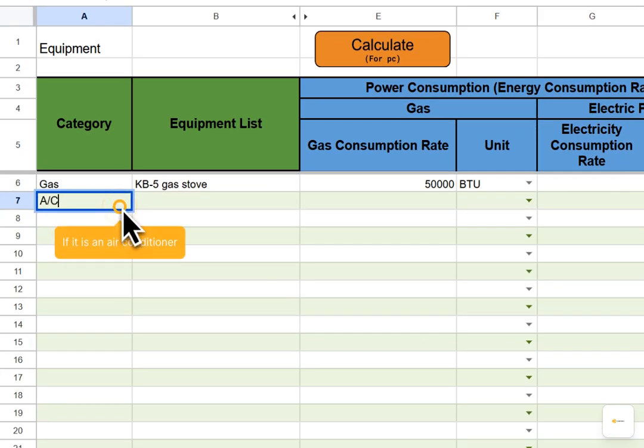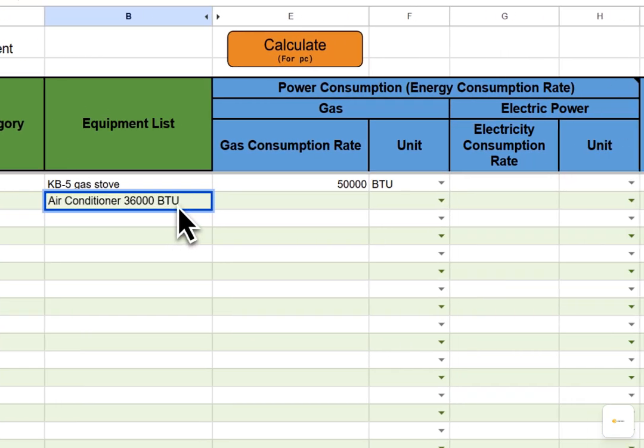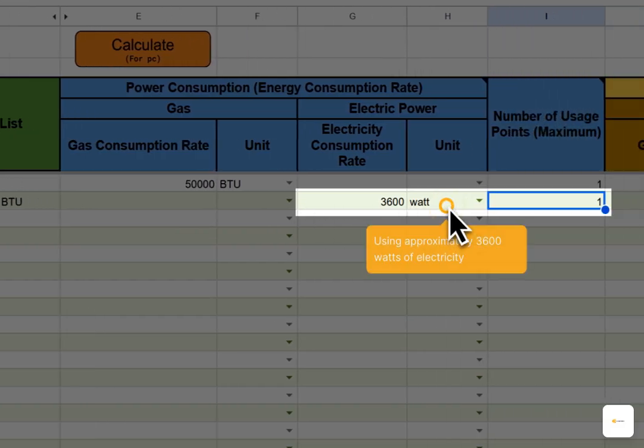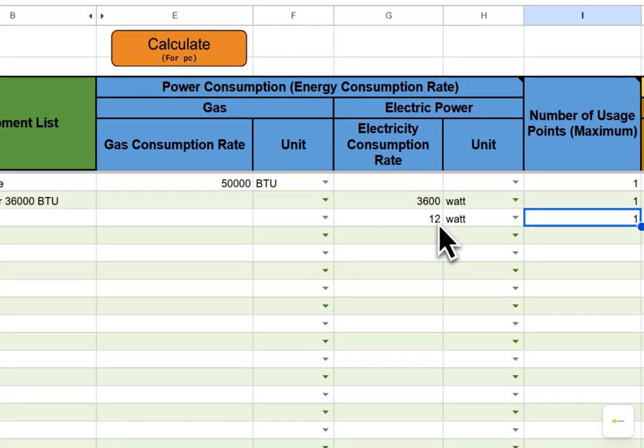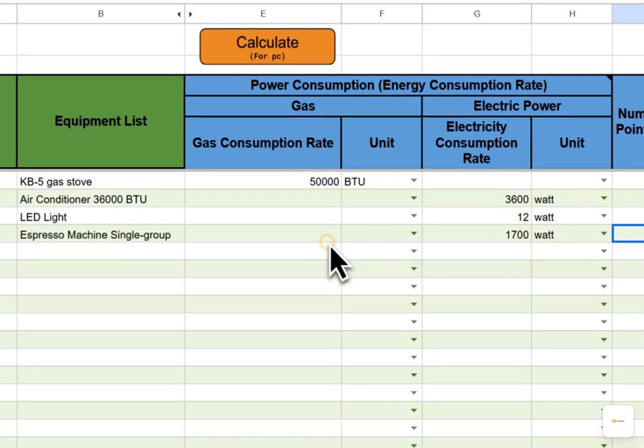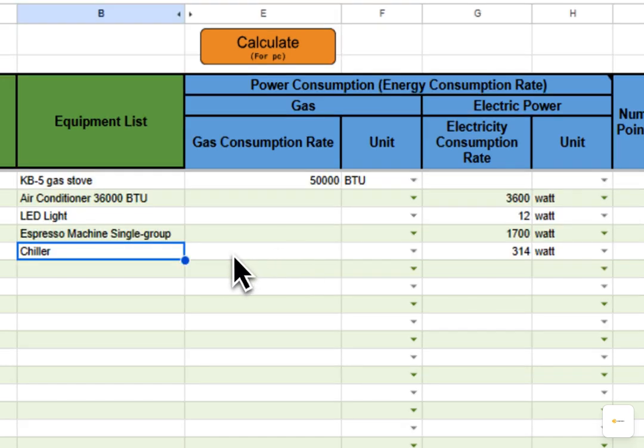If it is an air conditioner, like air conditioner 36000 BTU, using approximately 3,600 watts of electricity, or light like a light bulb. A shop that sells drinks may also have a coffee machine. And what is indispensable for restaurants? Refrigerator.